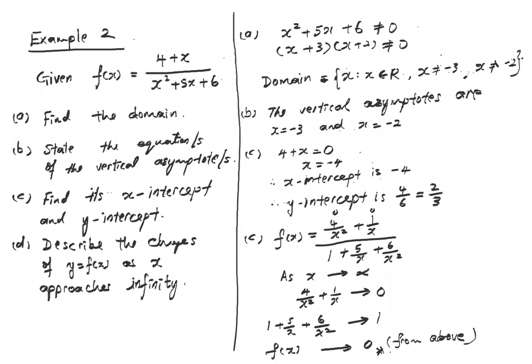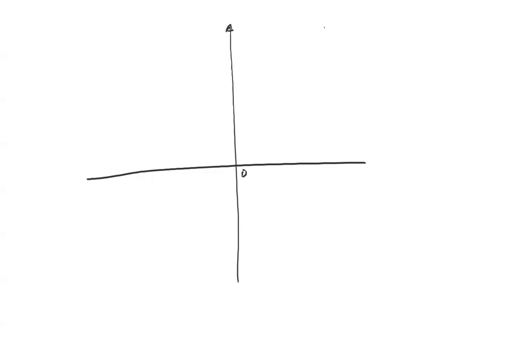Just have a look at the structure of the graph. So I have two vertical asymptotes. What are they? x equal to -2 and another one is x equal to -3, correct?